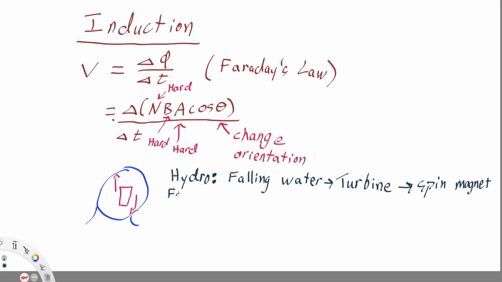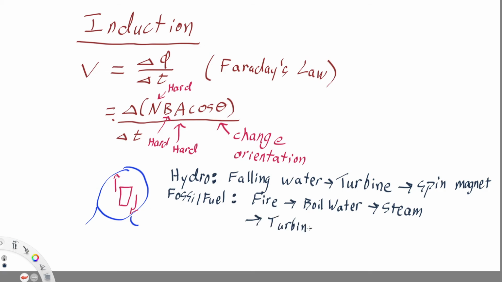If we have a fossil fuel plant, we make fire. We use that fire to boil water. When the water boils, steam rises. We put a turbine in the path of that steam. That turbine spins a magnet.